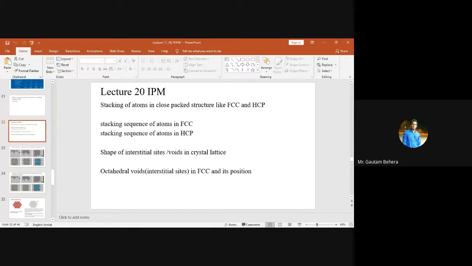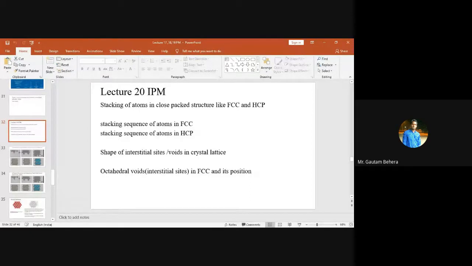Basically, we consider each atom as a solid, hard sphere, because in the previous lecture, while calculating the effective number of atoms per unit cell and atomic packing factor, we considered atoms as solid spheres. And we always try to see that atoms are closely packed, so a very small number of voids are present basically.